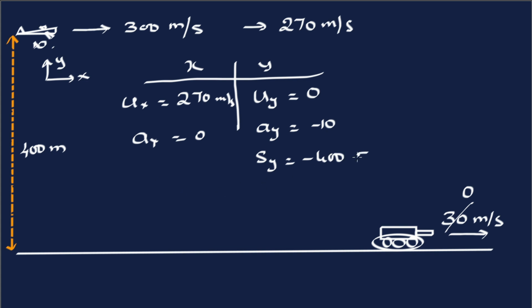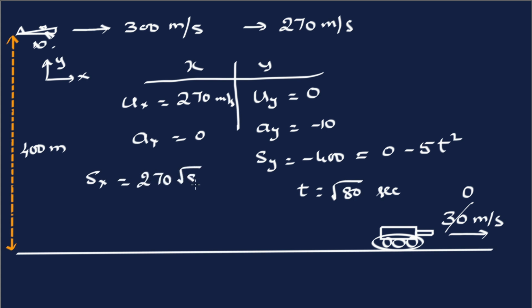And therefore, S is equal to ut plus half a t squared. So right away you get t is equal to root of 400 by 5. So that's going to be root of 80 seconds. That is the time of travel of the bomb when it comes and hits the target. So Sx is going to be equal to 270 multiplied by root of 80. This is your answer in meters.